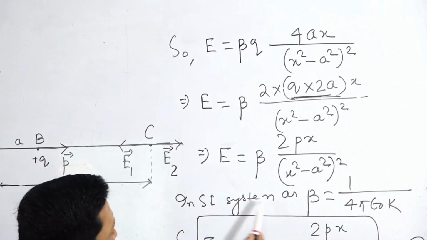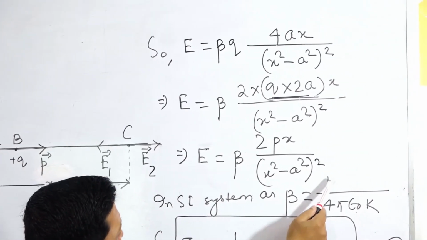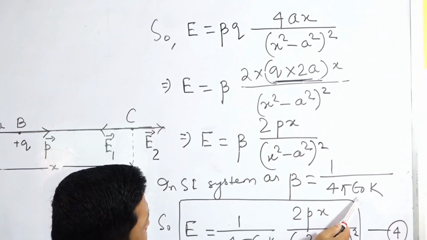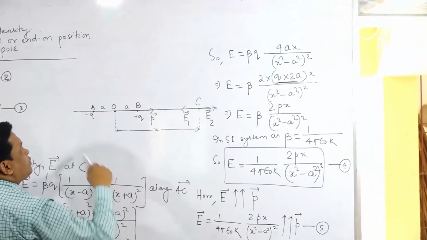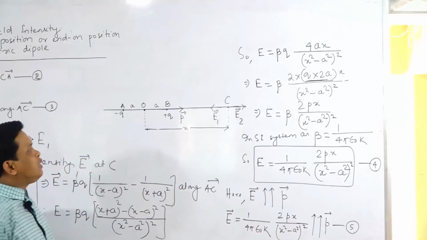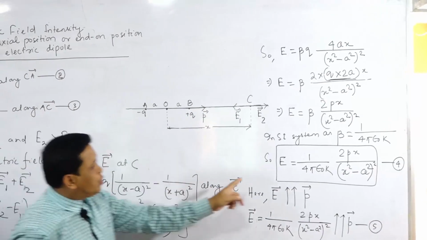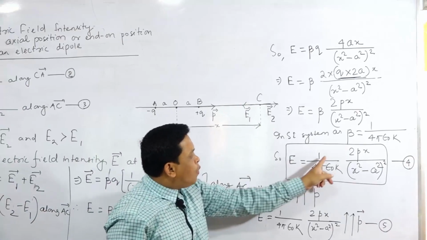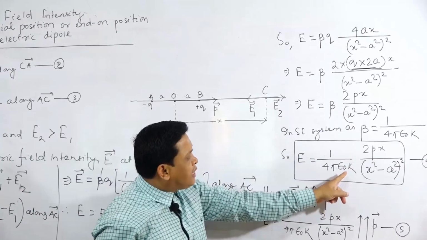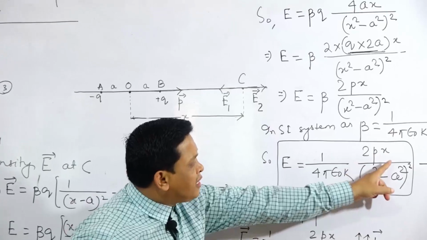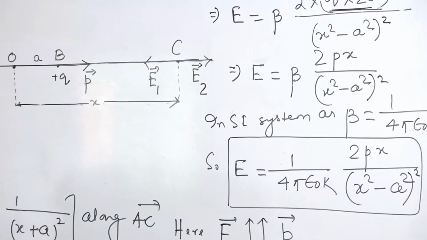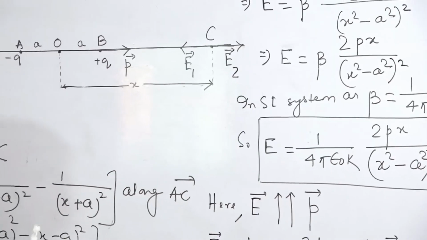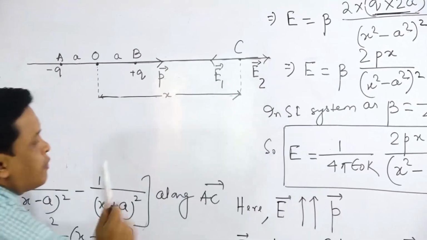Now in SI system, beta equal to 1 by 4 pi epsilon naught K, where K is the dielectric constant of the dielectric medium around the dipole. So E equal to 1 by 4 pi epsilon naught K times 2px by (x square minus A square) whole square. Now the direction of resultant field is along AC vector.